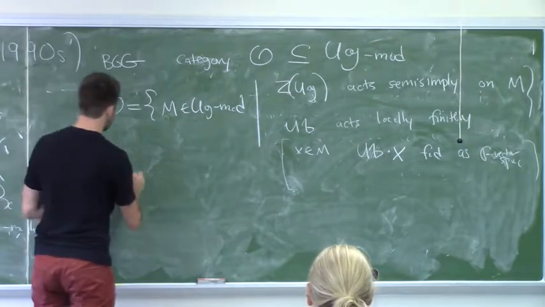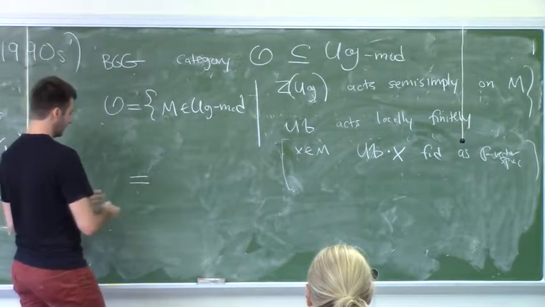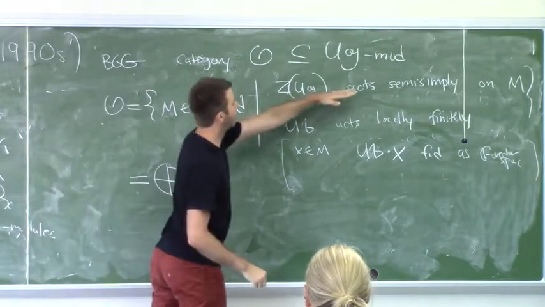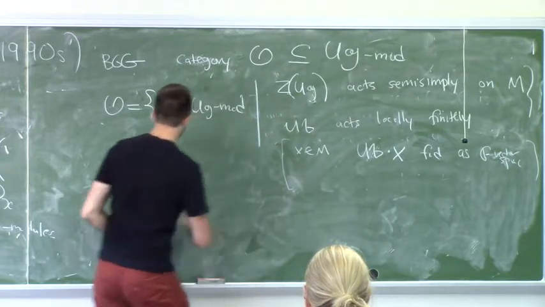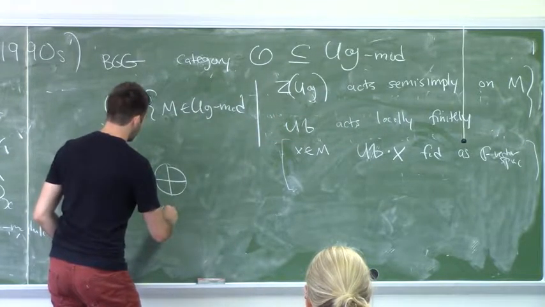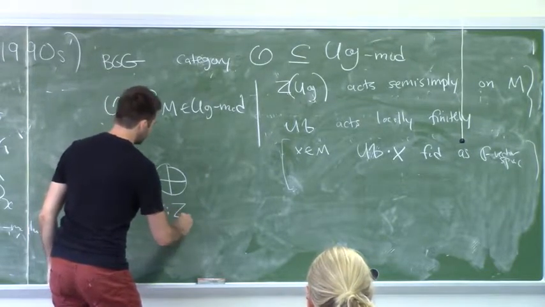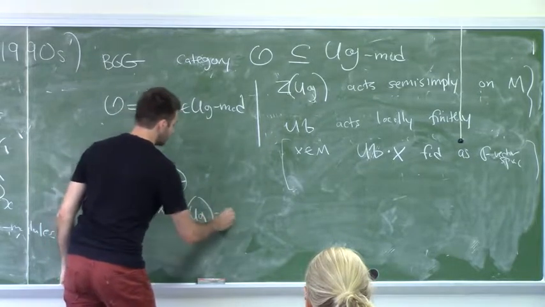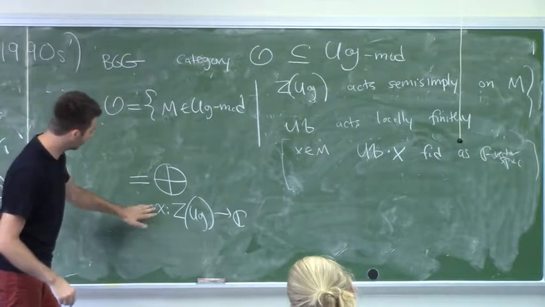Okay, and then the next thing that you can see, by the discussion I gave earlier about what the center acting semi-simply meant, is that this thing actually breaks up into a bunch of pieces, where I'm going to identify these homomorphisms from the center to C with the guys I was defining earlier.